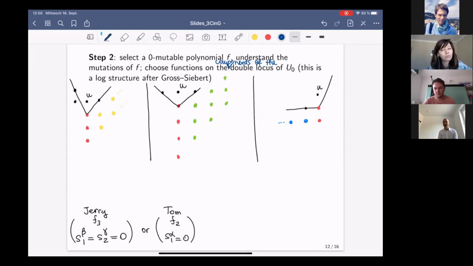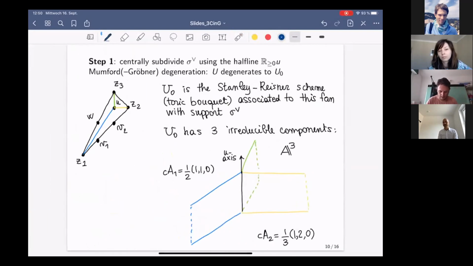So basically I have my U0, which is given by the union of three threefolds. And now I'm considering functions on the blue surface, on the yellow surface, and on the green surface.